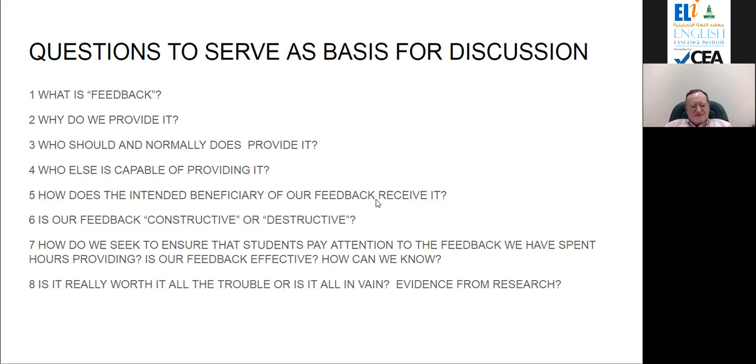After this discussion of semantics: why do we provide it? What's the simplest reason? For what reason? I know we love doing it. It helps the students develop their English, because their language is at level 2, and we want them to proceed to level 3 or 4.